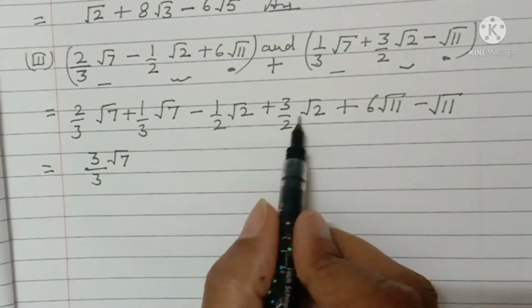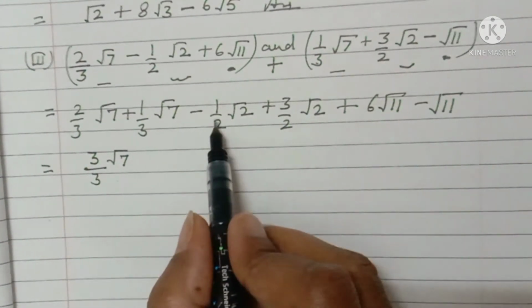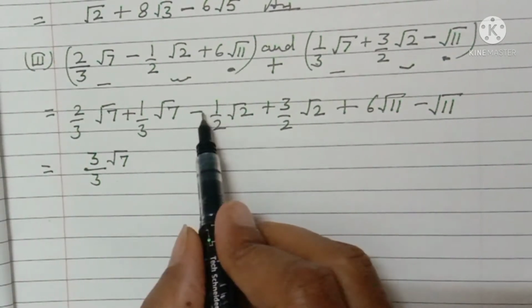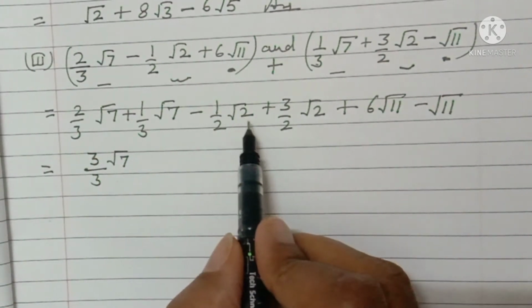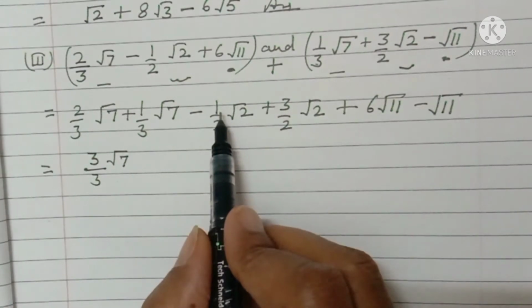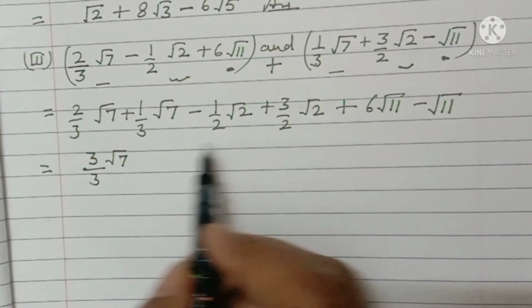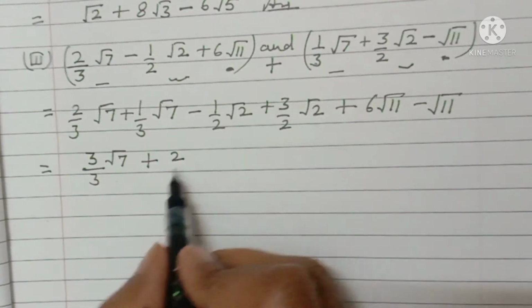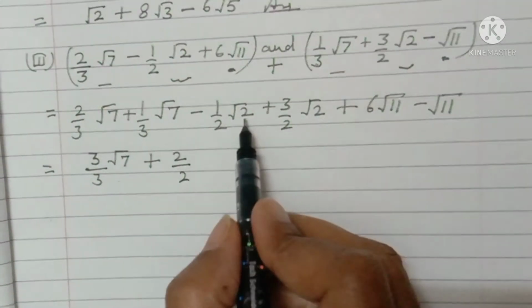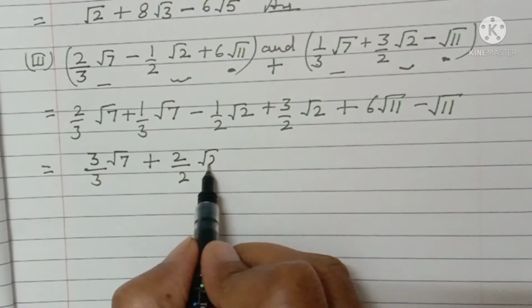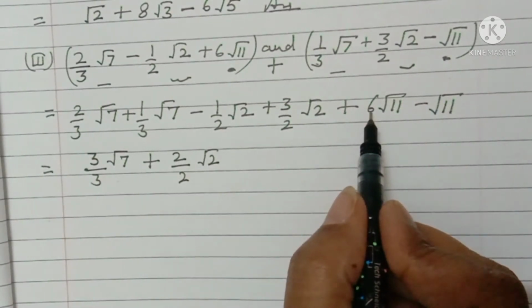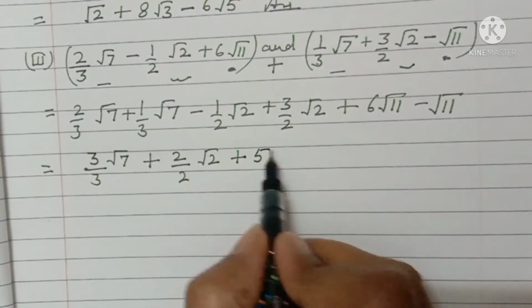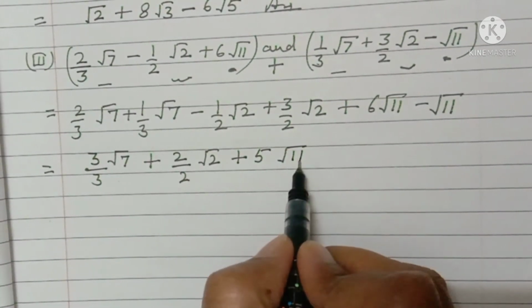Now in these two parts the denominator is 2, and here the subtraction, so 3 minus 1 and the sign will be plus, so this will be 2 upon 2 and root 2. Now 6 minus 1, so you will get 5 root 11.